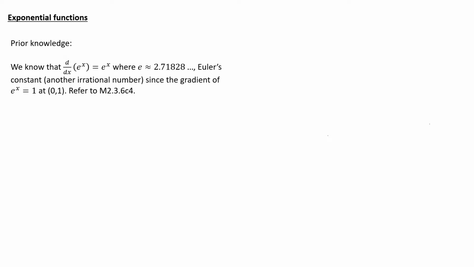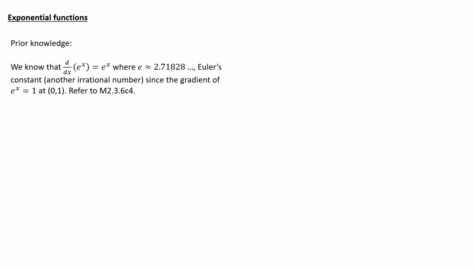So we know already that the differential of e to the x is e to the x, where e is Euler's constant 2.71828, etc. It looks as if it's going to actually recur, but it doesn't. It is an irrational number, and the reason for that is the gradient of e to the x is 1 at 0, 1.